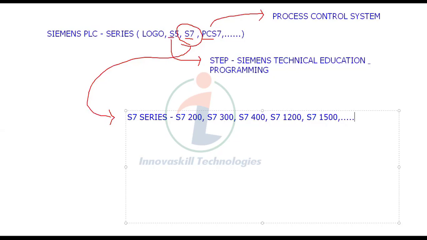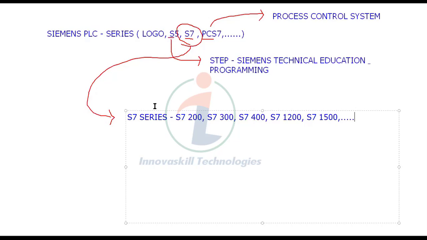Like this, we have many models. If you take each model, again we have many models based on the CPU type. CPU is nothing but the processor. Based on the processor, we have many models in S7 200, 300, like that.